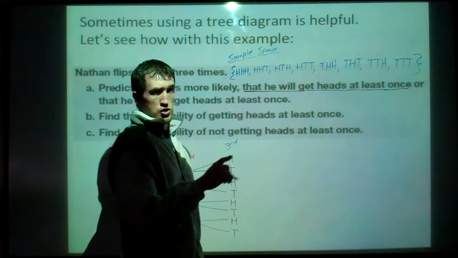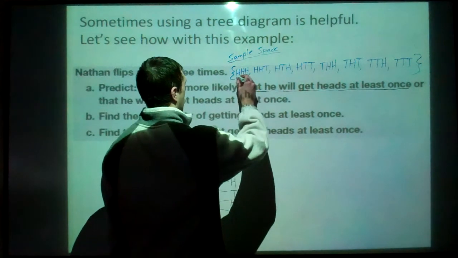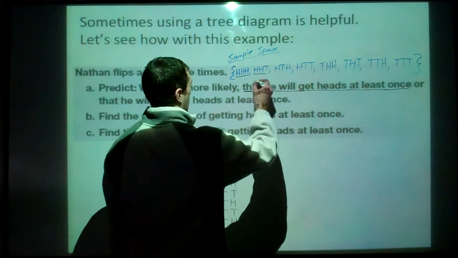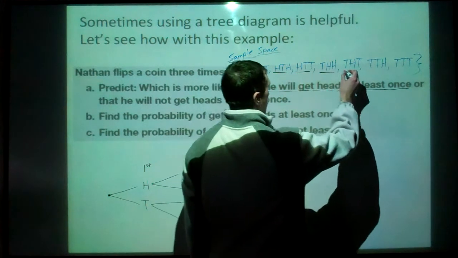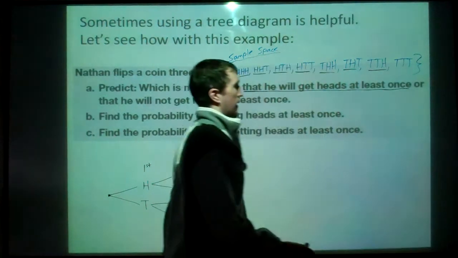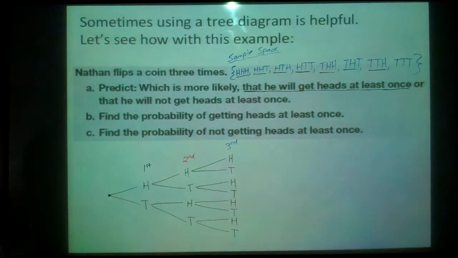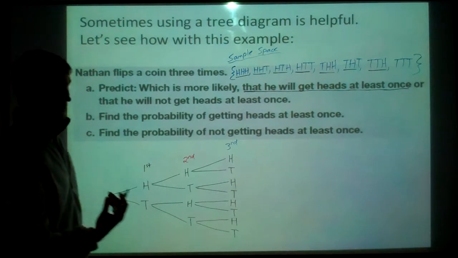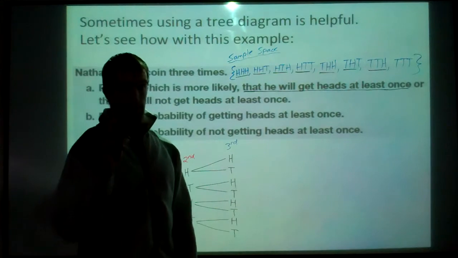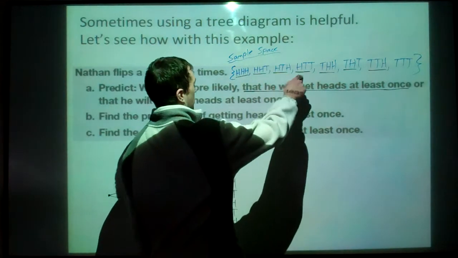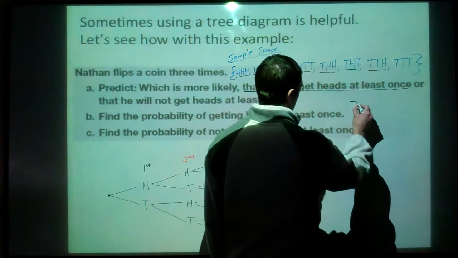So 1 H or more, we're going to underline. We got 1 H there, or 3 here, 2 here, 2 here, 1 there, 2, 1, 1. And the only one that we don't have at least 1 heads is the last one where we get all tails. So the probability of getting at least 1 heads would be 1, 2, 3, 4, 5, 6, 7 out of 8.